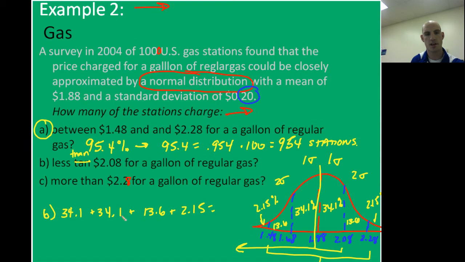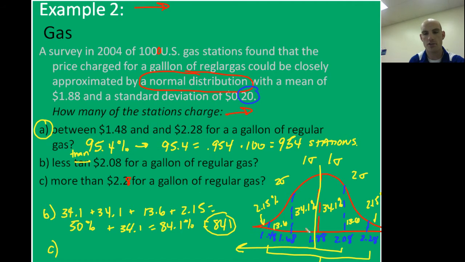Think about it. 50% plus 34.1 would be 84.1%, which is 841 stations. Think about it, guys. If we're at the halfway mark, 50% of the data is below it, 50% of the data is above it. It's all about interpreting these graphs.